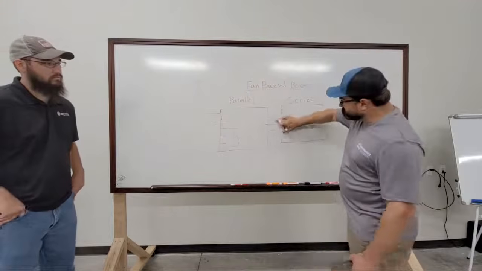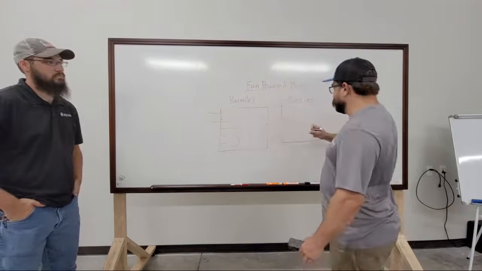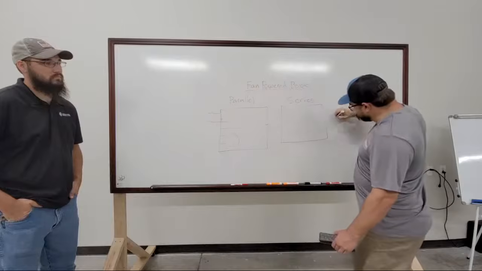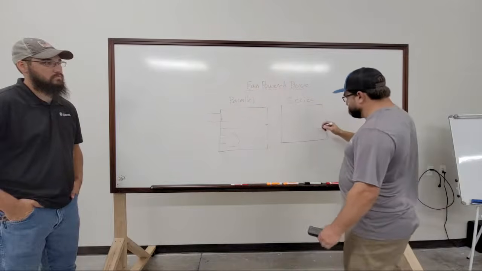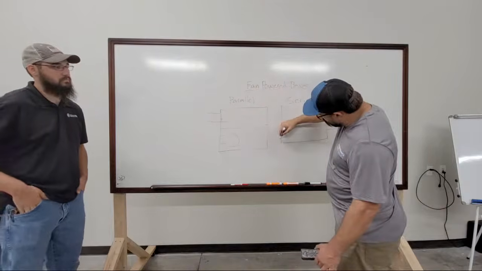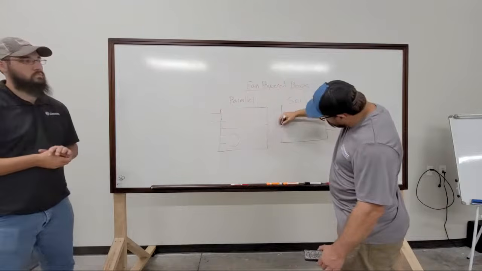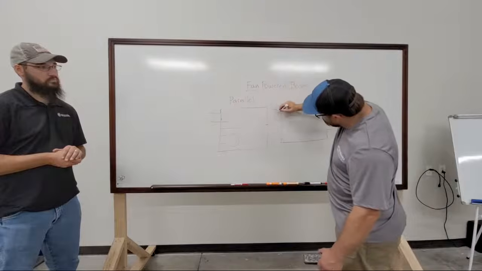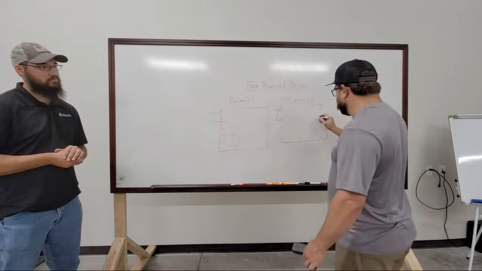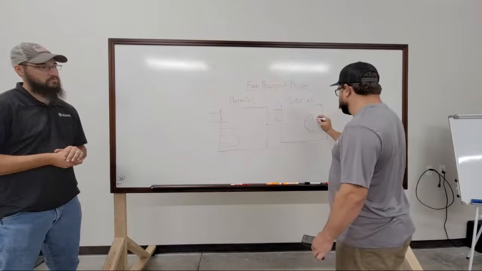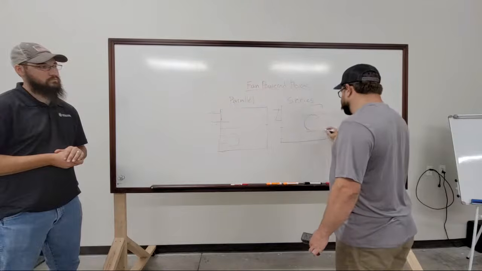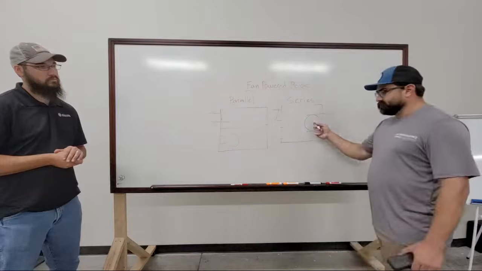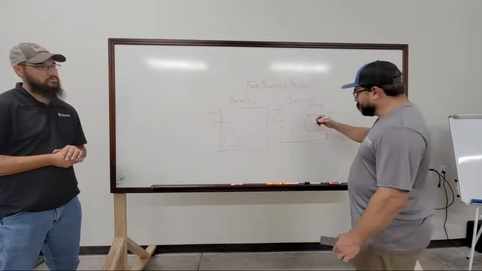In a series box, they are in series. We once again have our one outlet, but we have a side pocket. We have our supply duct with a damper in it, and then the fan pushes out. In this box, your fan runs all the time.